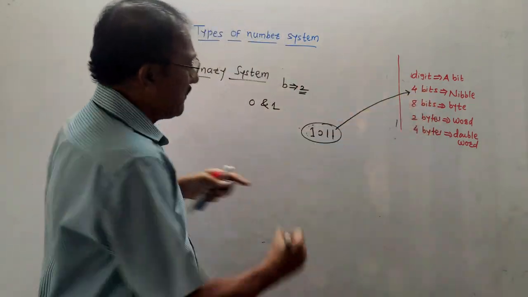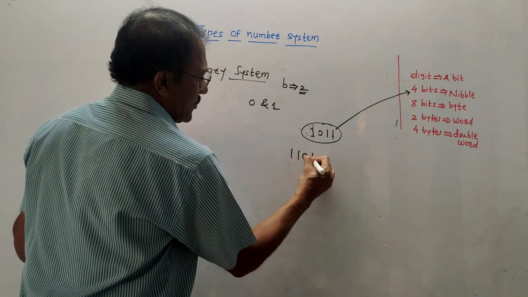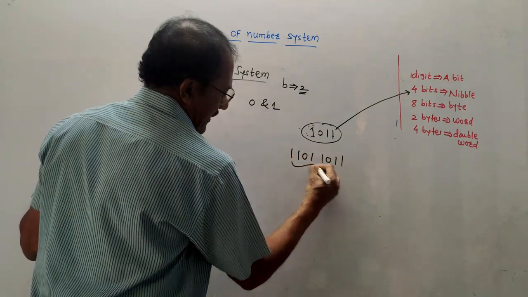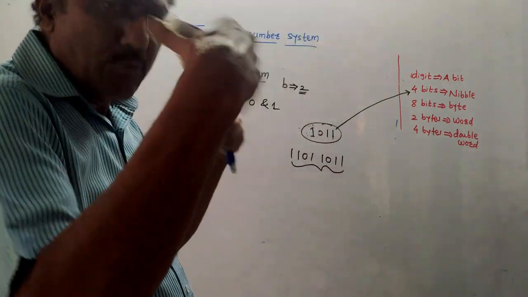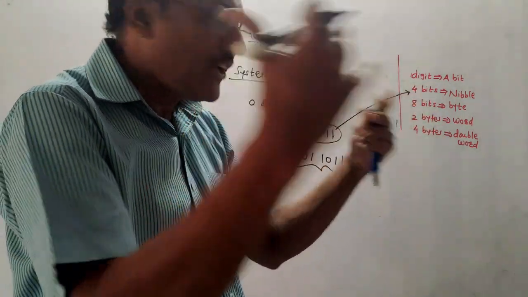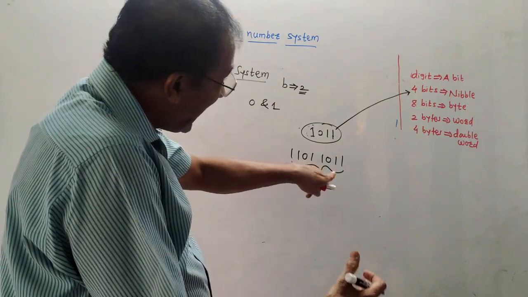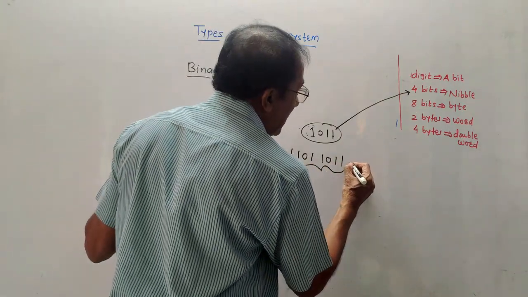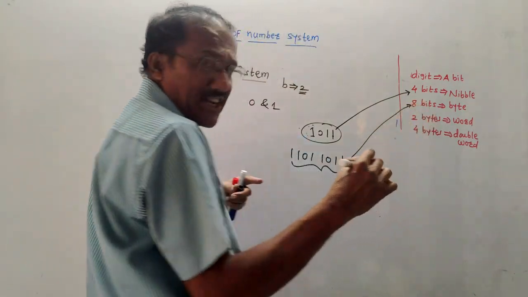Then if there are 8 bits, for example 1101 and 1011, if this represents certain information, basically these number systems are used to represent certain information. So if there are 8 bits, the combination of 8 bits is known as a byte.